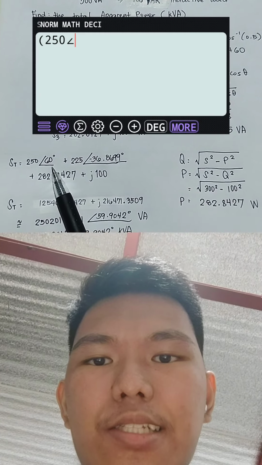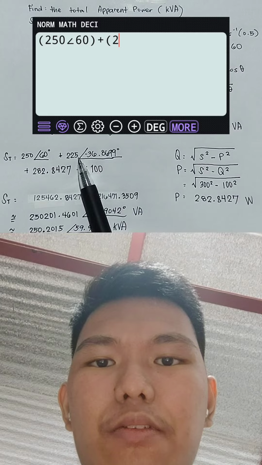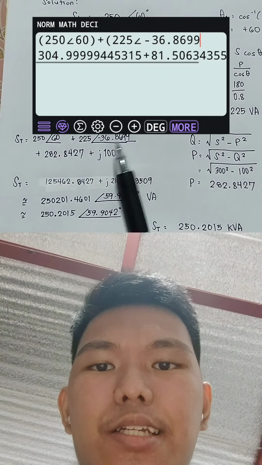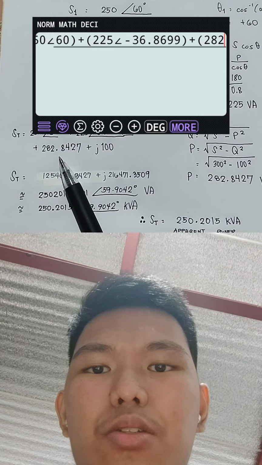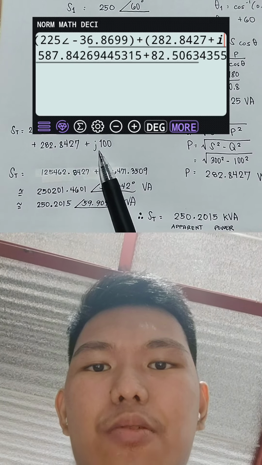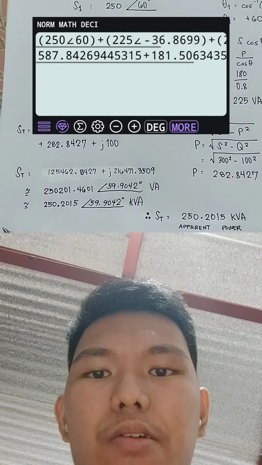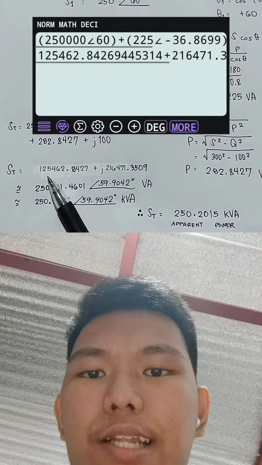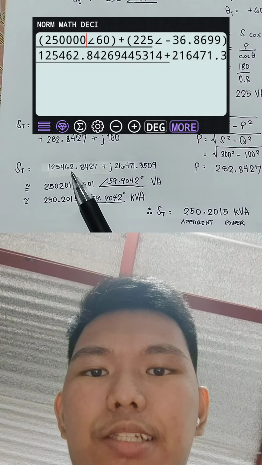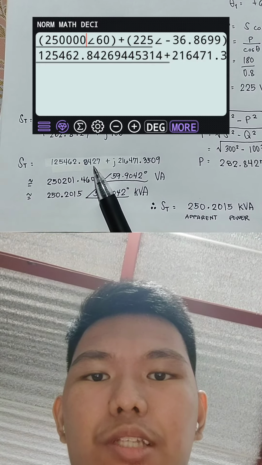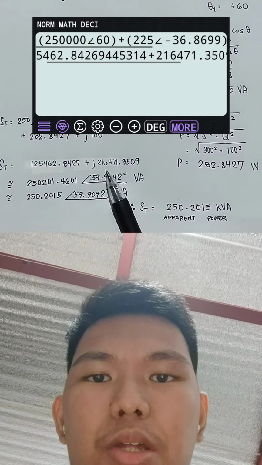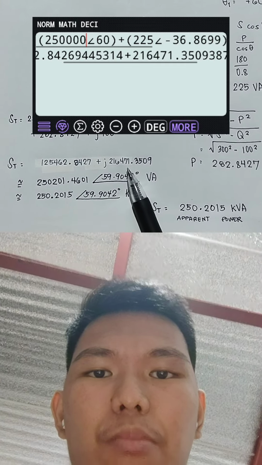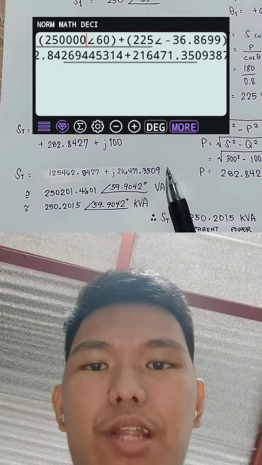250 angle 60 degrees plus 225 angle negative 36.8699 degrees plus 282.8427 plus j100 is now equal to its rectangular form 125,462.8427 plus j216,471.3509.